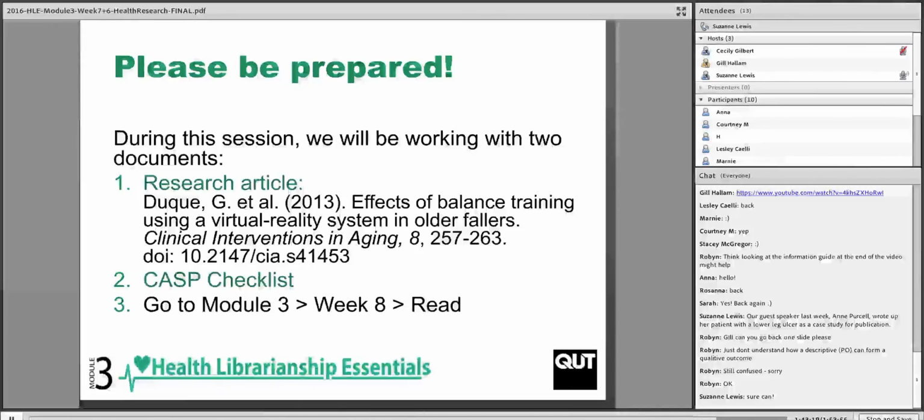But even if you can just have a look at perhaps the abstract and the methodology section of the article, if you don't get to the whole article, that would still be useful. Yes, and then from there, if there's any language or any ideas that you're not very familiar with, do a little bit of background research as well to help inform yourself so that you are feeling confident about the material that will be presented next week.